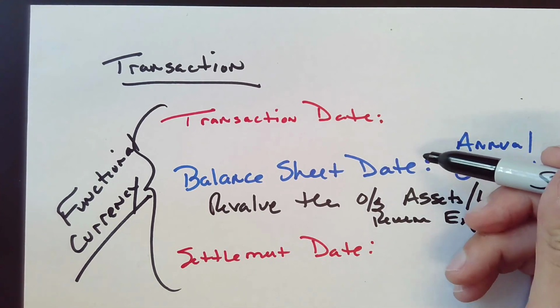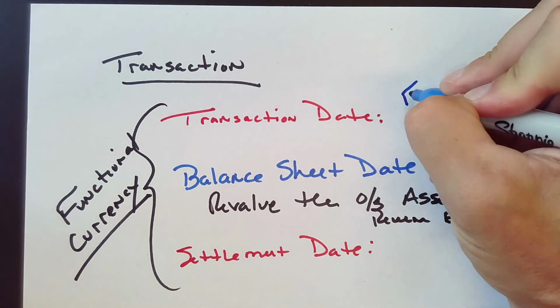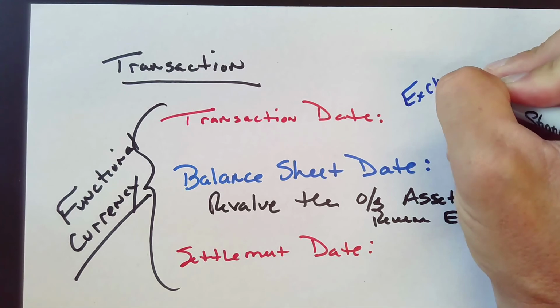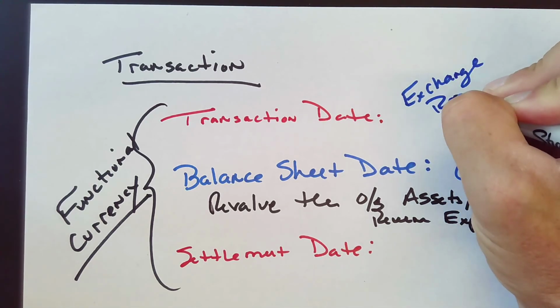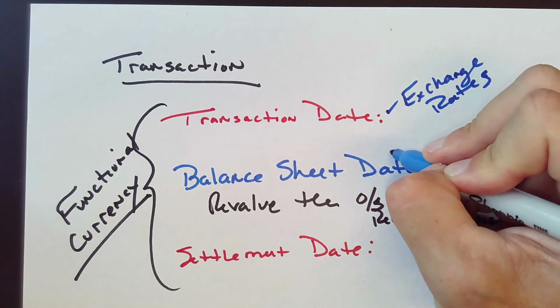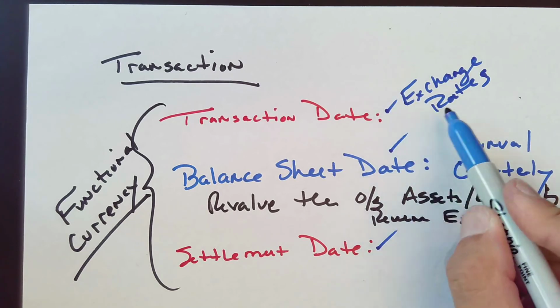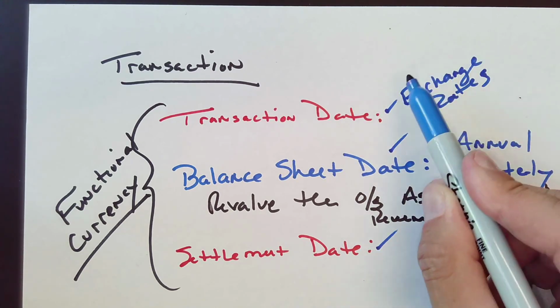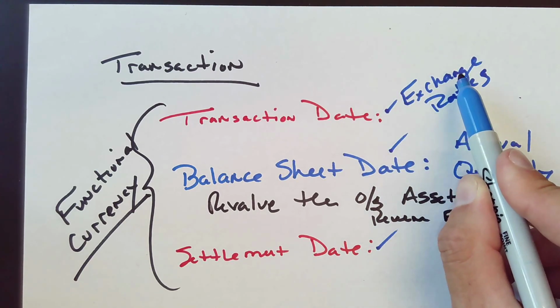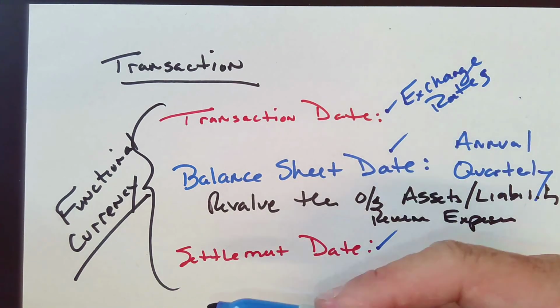And if there's any change in our exchange rates between this date versus the balance sheet date versus the settlement date, we have to always be recording at what is the economic reality given how much yen I'm going to get, how many pesos, how many euros that I'm going to receive.